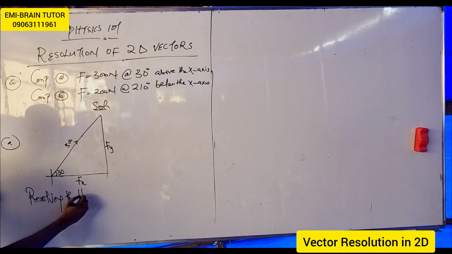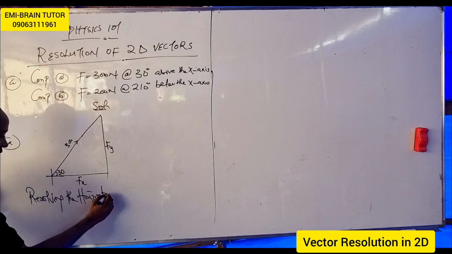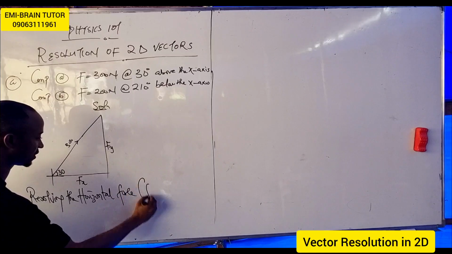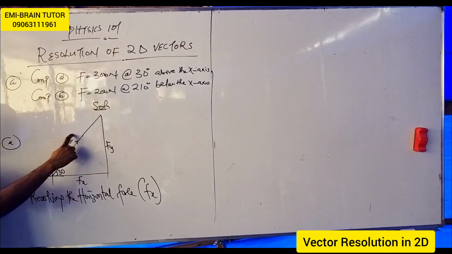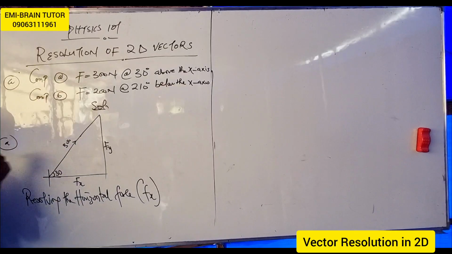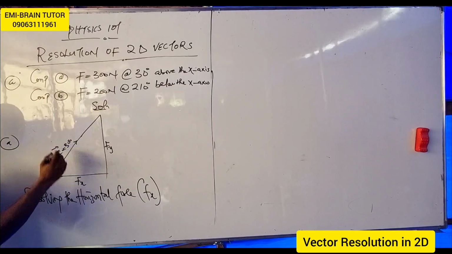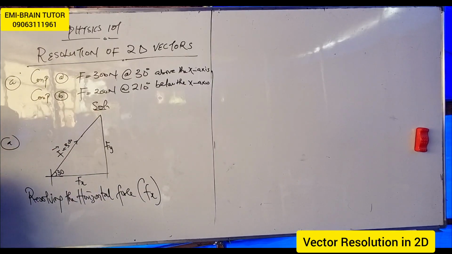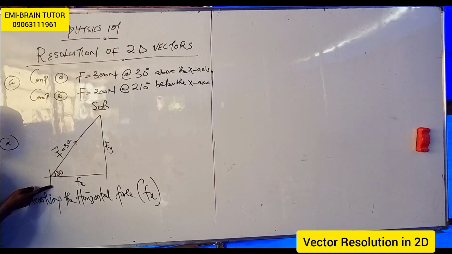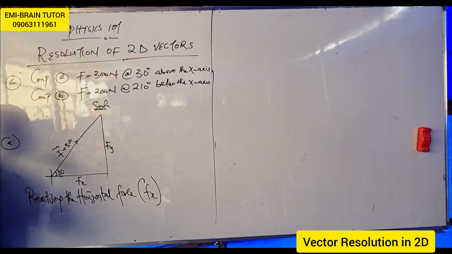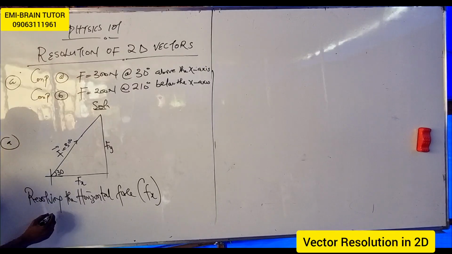Resolving the horizontal force, which is Fx. If I'm resolving my Fx, I will resolve it with respect to F. My F here is 300 Newton. So let's go. I've said that if the angle is along the x-axis, resolving Fx, I'll use cosine. So what will it be?